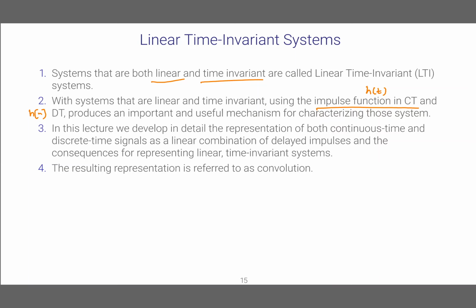In this lecture, we will develop in detail the representation of both continuous time and discrete time signals as a linear combination of delayed impulses. Using delayed impulses, we will develop the concept of convolution and the consequence of representing linear time invariant systems. The resulting representation is referred to as convolution.